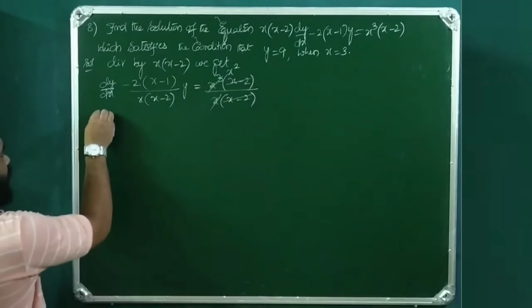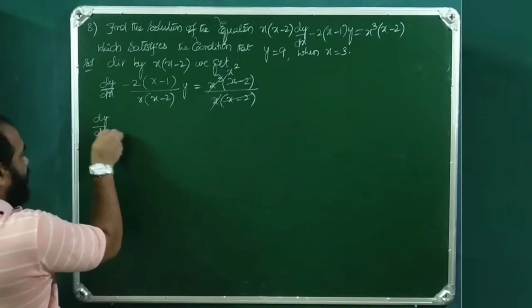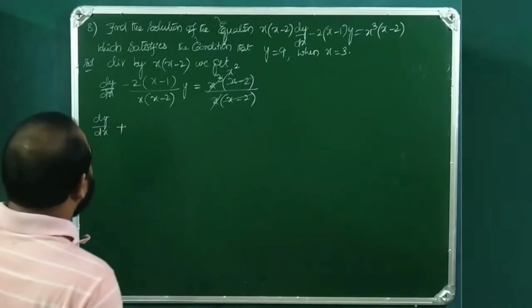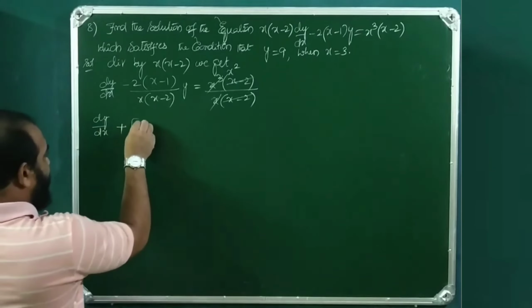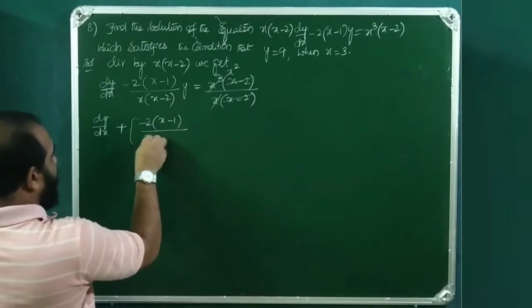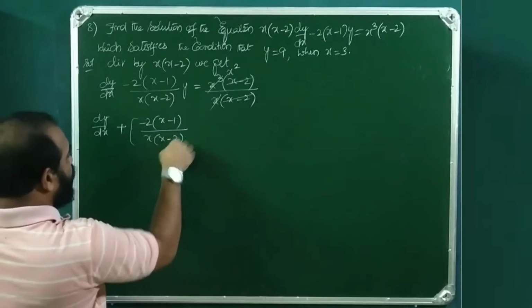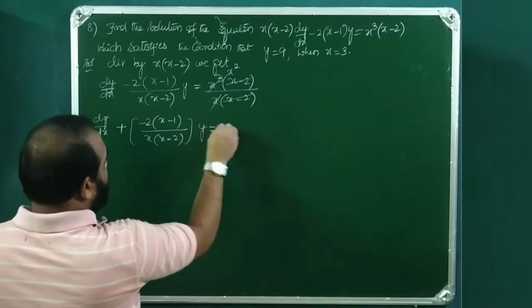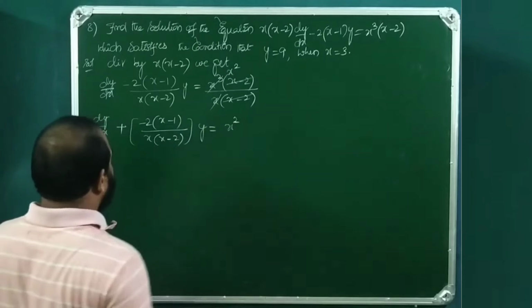So this is the form dy by dx plus minus 2 into x minus 1 by x into x minus 2 times y equals to x square.